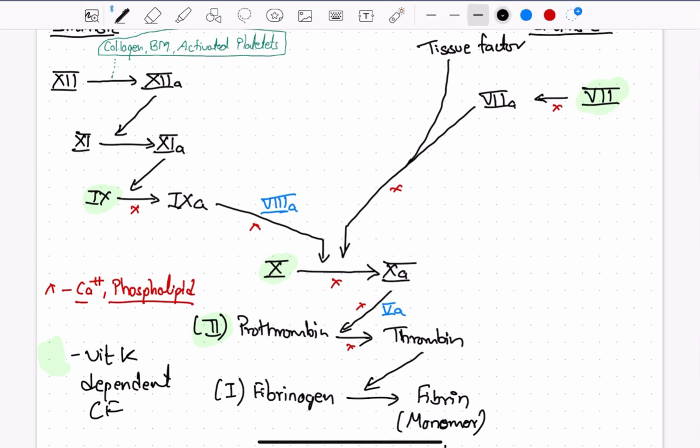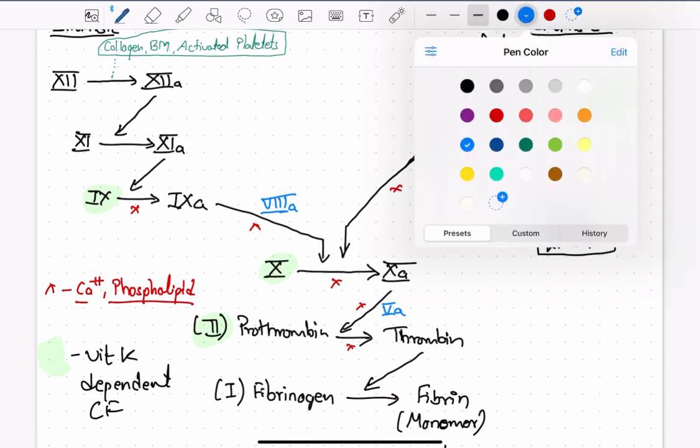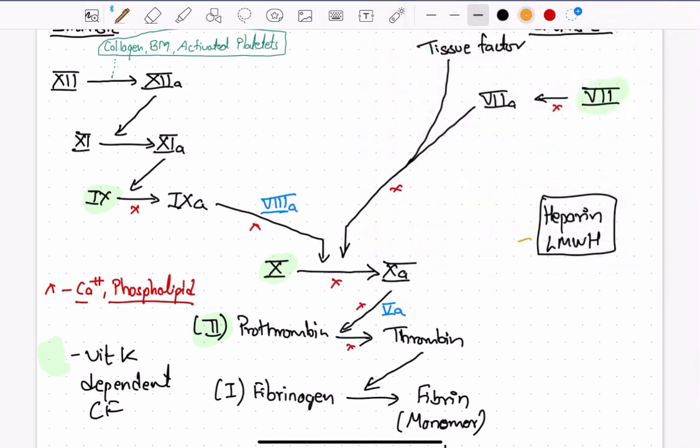Popular drugs such as heparin, or low molecular weight heparin, these drugs inhibit thrombin as well as the activated factor 10. Okay, so heparin along with low molecular weight heparin will inhibit thrombin and factor 10.